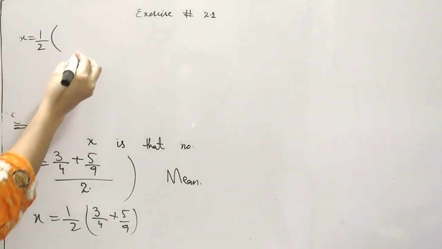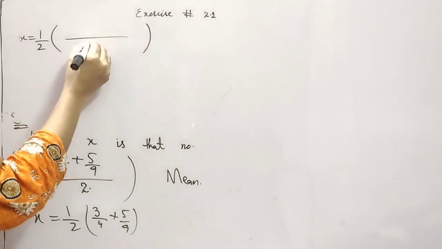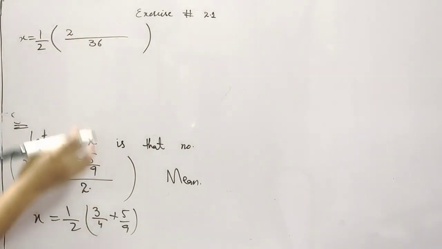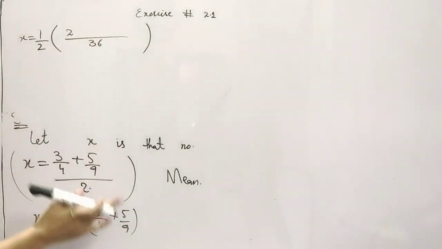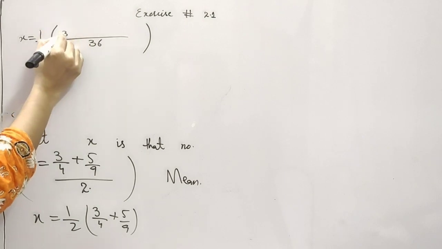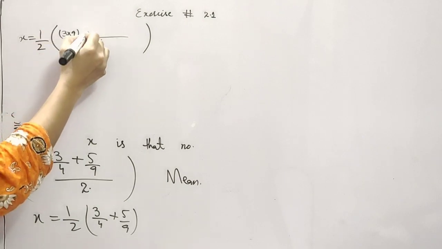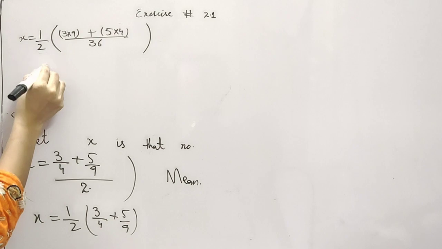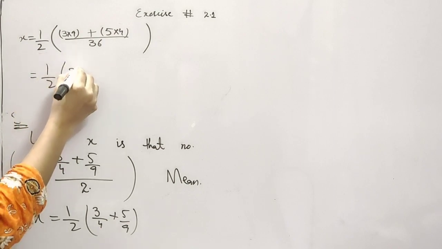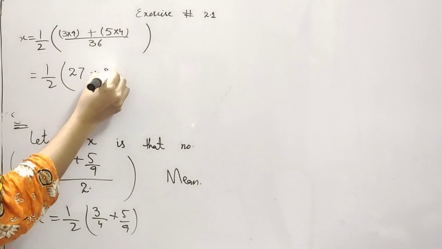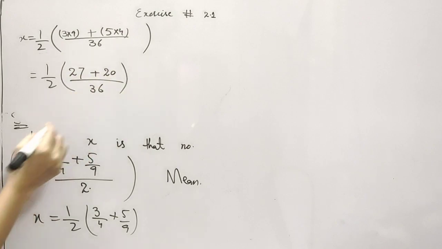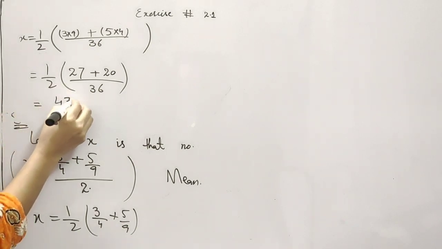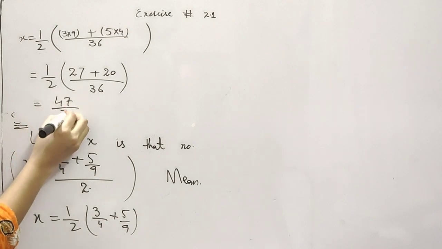Take the LCM here. We get 36. 4 nines are 36, so 3 nines are 27, plus 9 fours are 36, so 5 multiplied by 4 is 20. 1 by 2 into 27 plus 20 divided by 36, and it will be equal to 47 divided by 72.